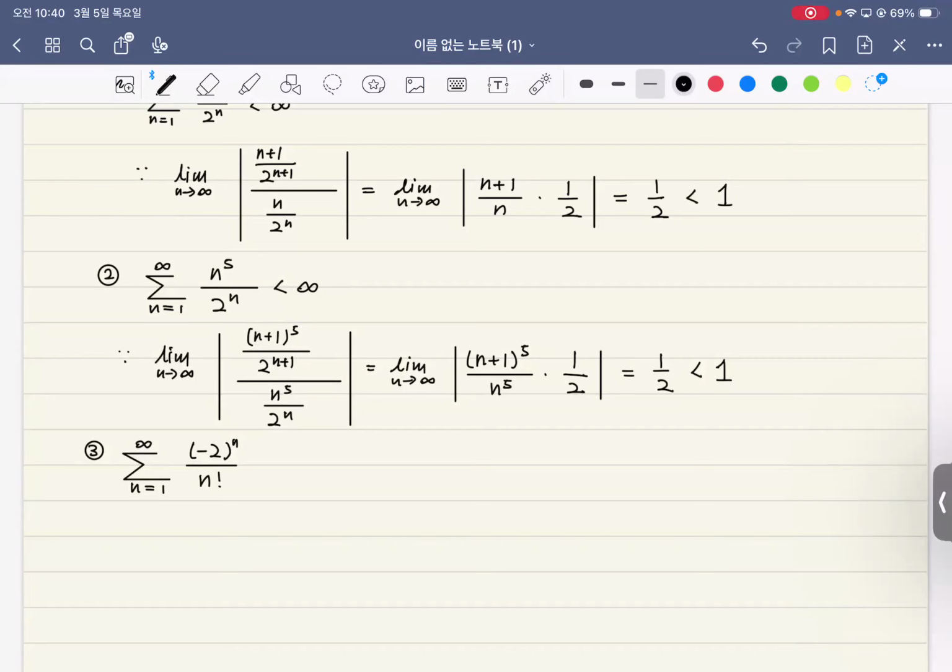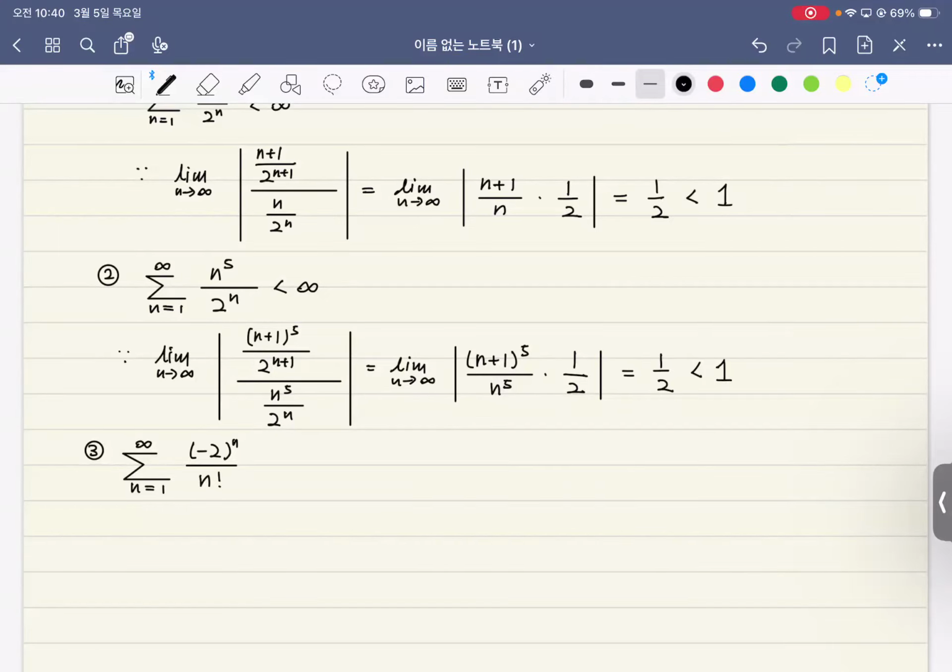Right? Well, the point is, whenever your series contains some sort of factorial function, the ratio test works best, because when you use the ratio test, the ratio a_(n+1) over a_n will definitely make the factorial function even simpler than before.